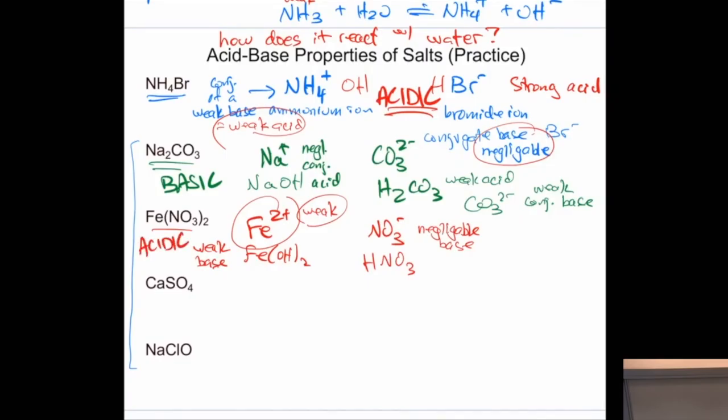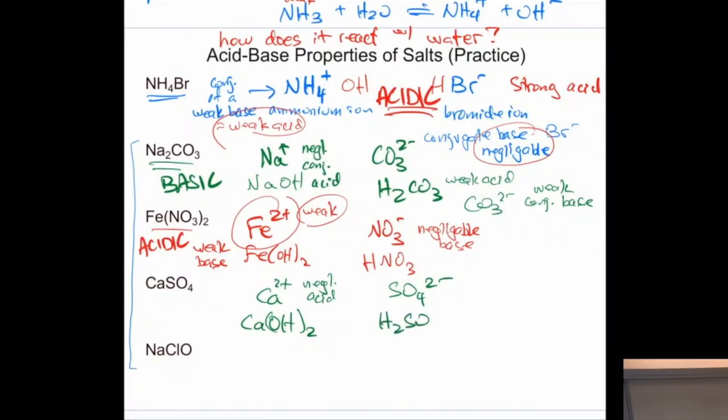All right, calcium sulfate. Calcium ions, 2 plus. Where do they come from, or what would they react with when we put it in water? Calcium hydroxide. Is that a strong base or a weak base? Strong base, which means this is a negligible acid. And then we have the sulfate ion. What acid would that come from if you put hydrogen ions on there?